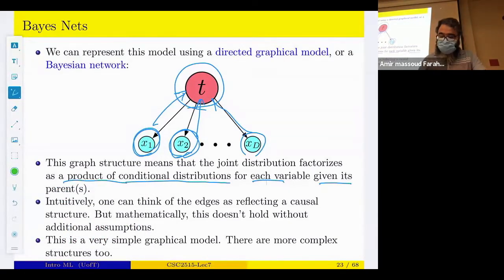For example, we have a t, and t goes to x1, but x2 can also depend on both x1 and t. So this is another graphical structure that is more complex than what we have here.